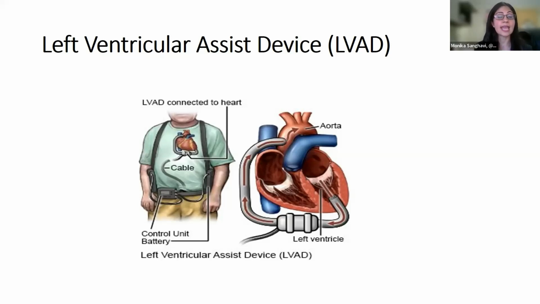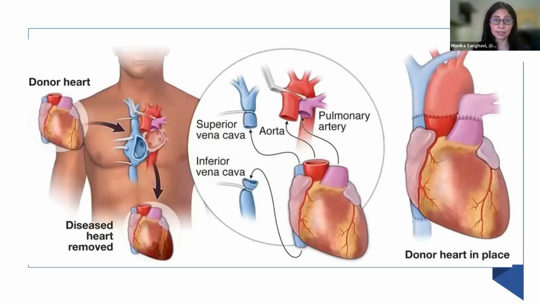This is used as a bridge to transplant until patients can get transplant therapy, or sometimes it's used as what we call destination therapy. People use this to keep their symptoms at bay and keep them out of the hospital because they're not candidates for transplant.